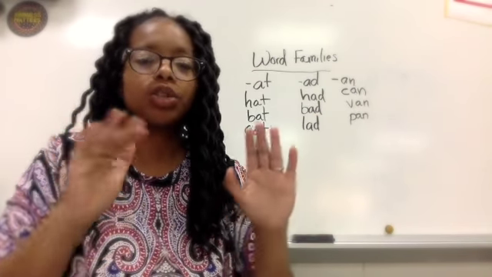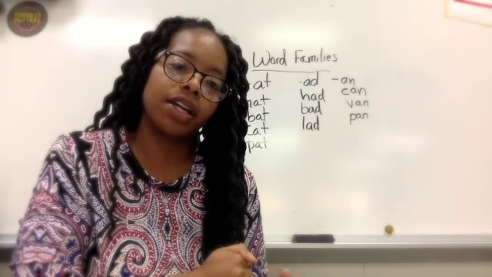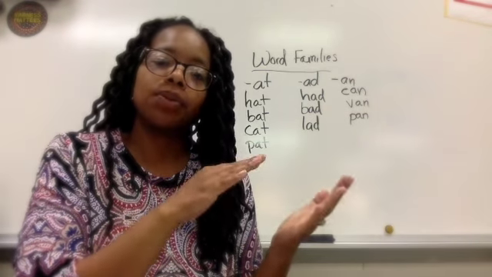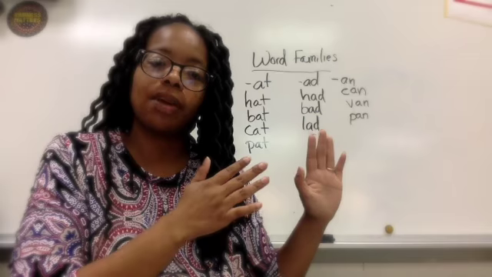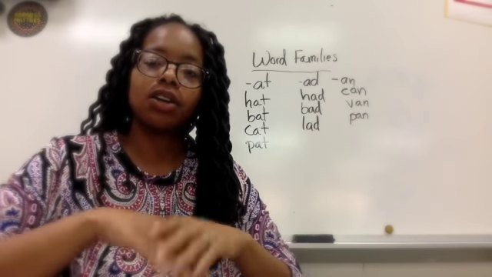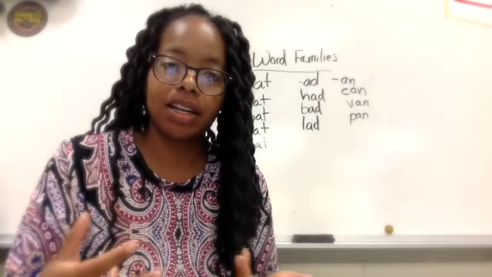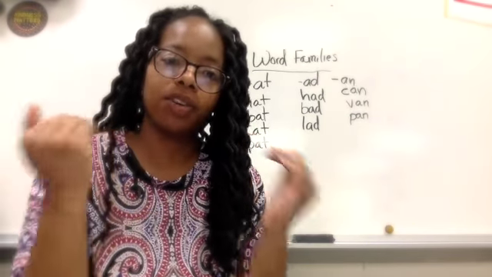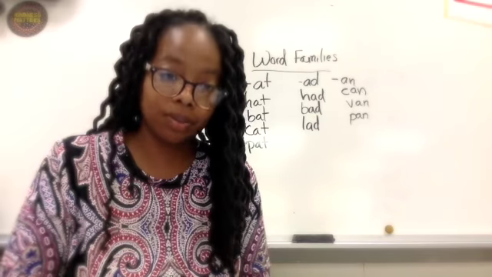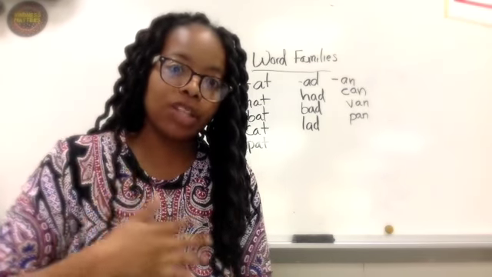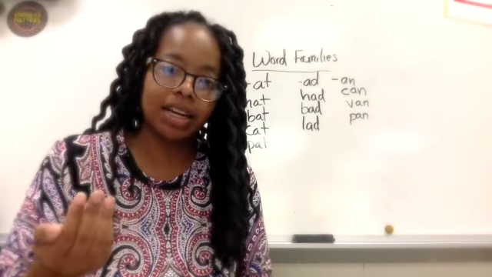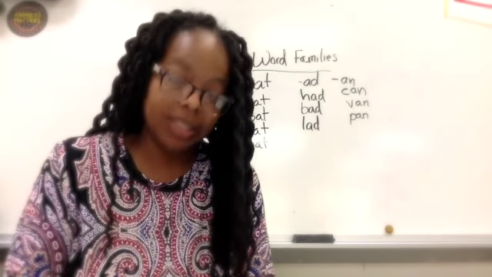If I were doing this with a lower group of students like kindergarten, first grade, I probably would only introduce one word family at a time. But because they're second graders and just needing more support in phonics, I'm going at a more aggressive amount. So introducing two at a time or three at a time, and they're keeping up with me because they're understanding what I'm doing.